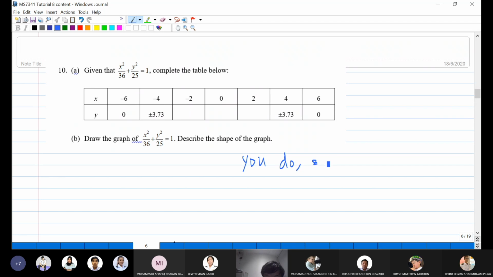Submit next Tuesday. So this one you need graph paper, right? So you want to draw the graph, you need graph paper. So number 10 you submit next Tuesday.